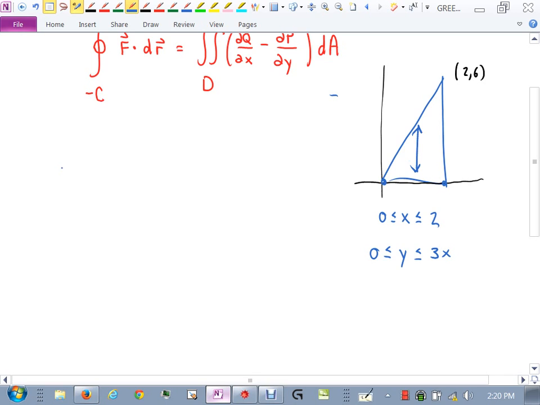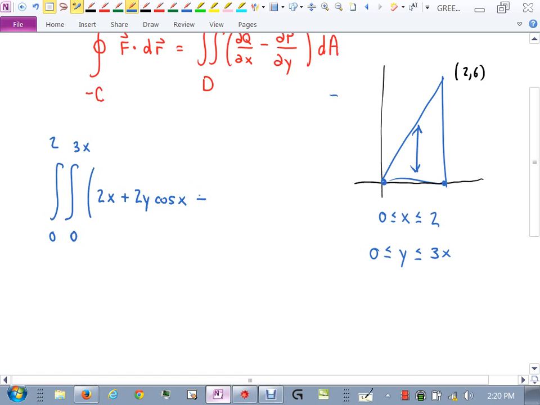So my double integral becomes, notice I'm not going polar or anything like that. Partial Q with respect to x. That was that one. It was 2x plus 2y cosine x, right?